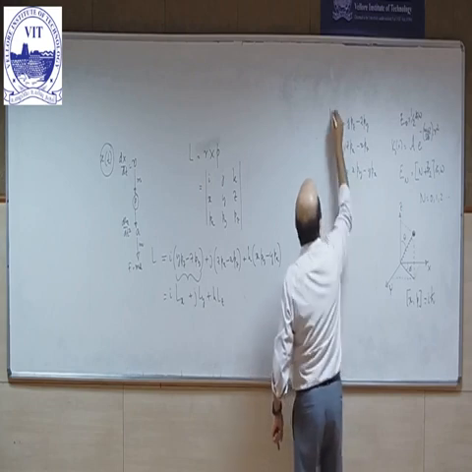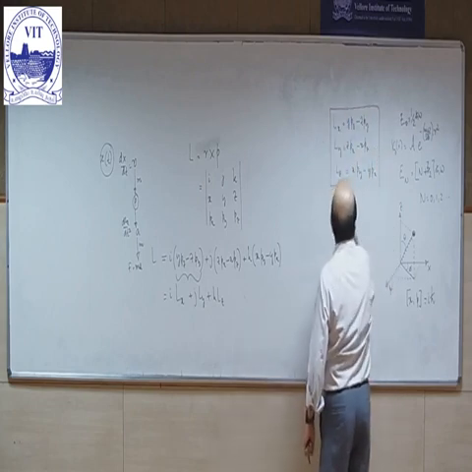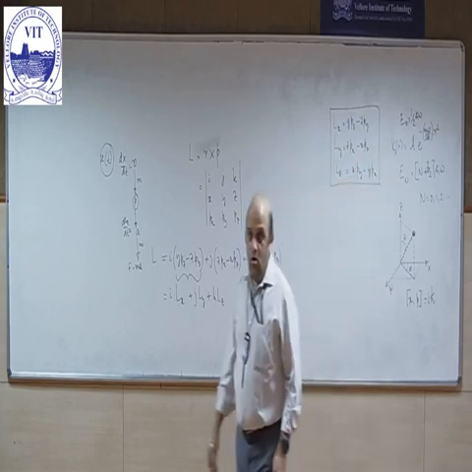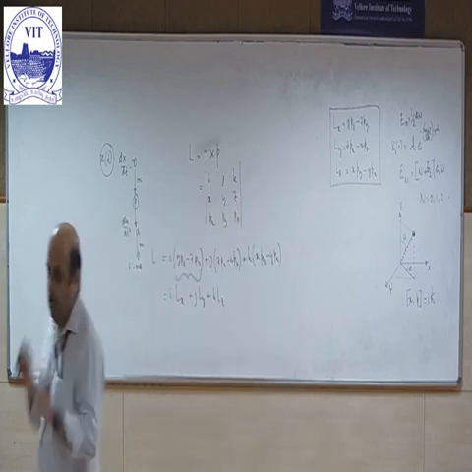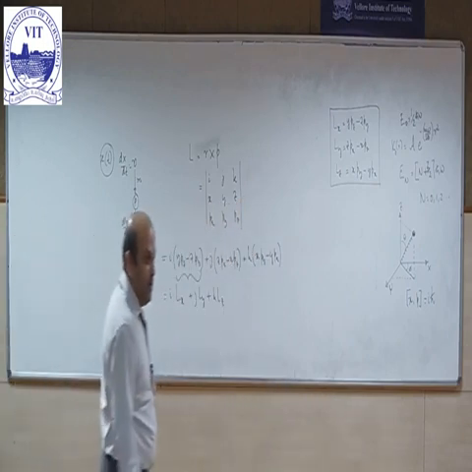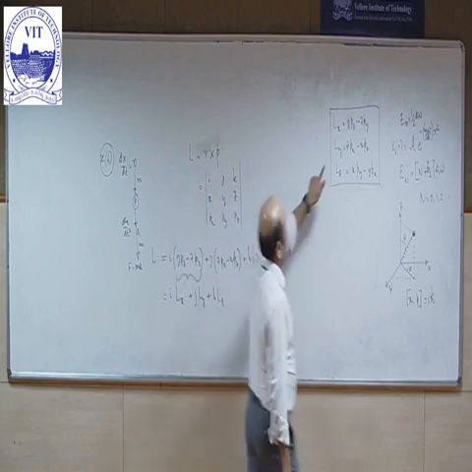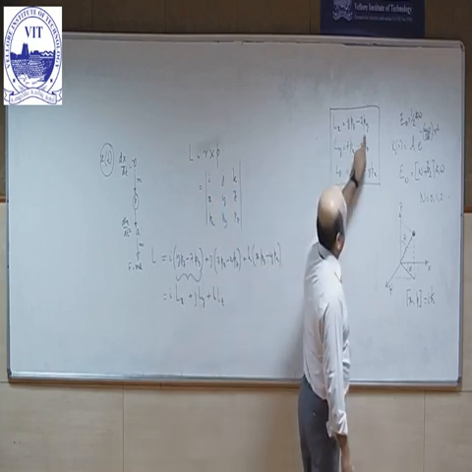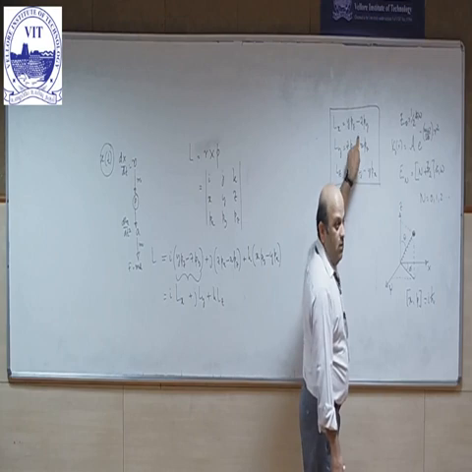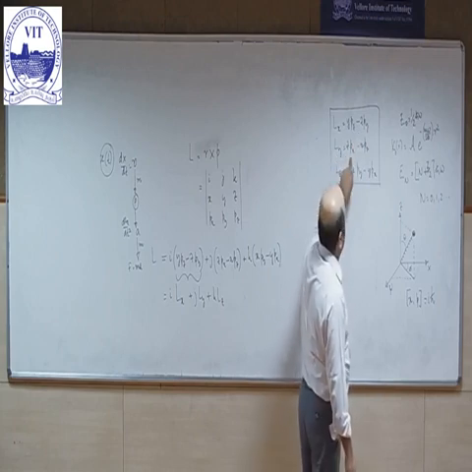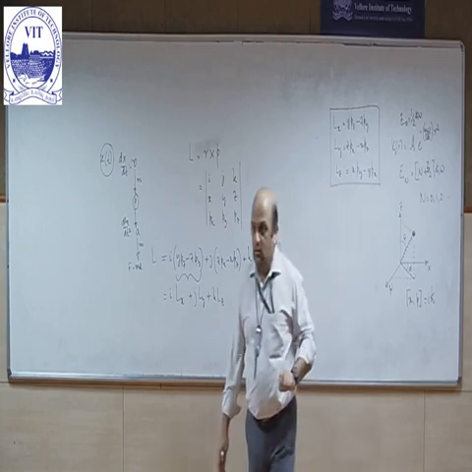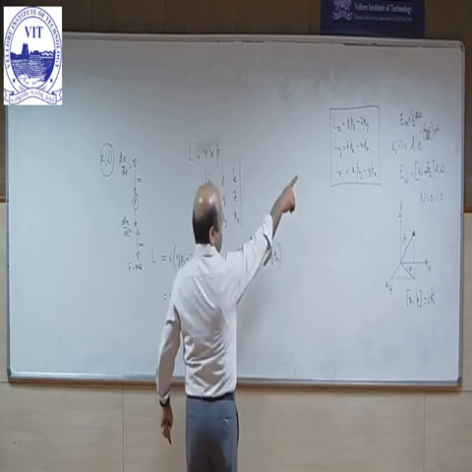Okay, these are the relations of the components of the angular momentum along three perpendicular directions. If you want to find out the x component, this is the relation you need to know. If you need to know the y component, this relation. Okay, you can expand this in fact.